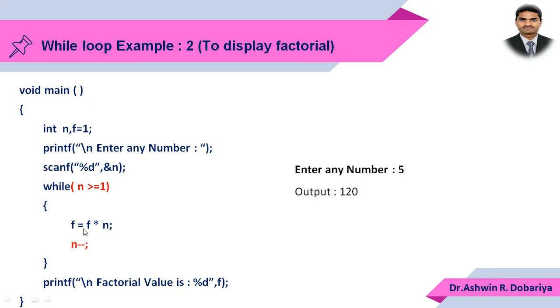Then the logic is f is equal to f multiplied by n, and since we are moving from higher value to lower value, the counter variable is decremented. So this is the second method to write the loop.